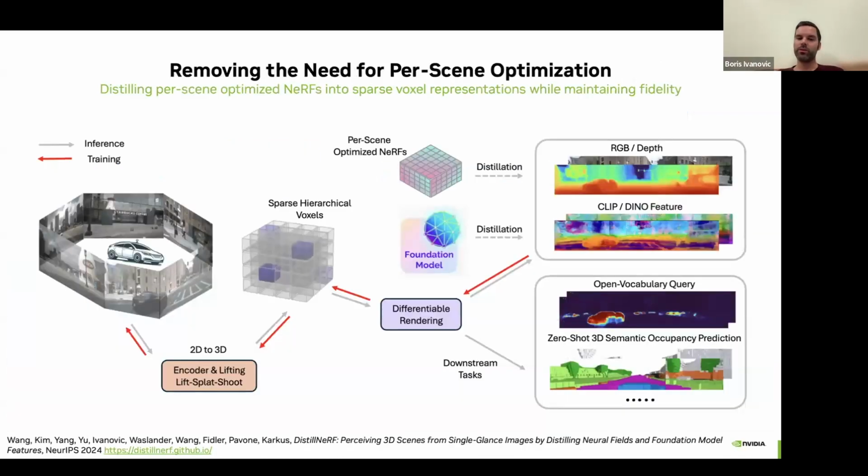So one thing I'm very happy to present is a new work from the group, which is going to be presented at NeurIPS at the end of the year, which is an approach to actually remove the need for per scene optimization.